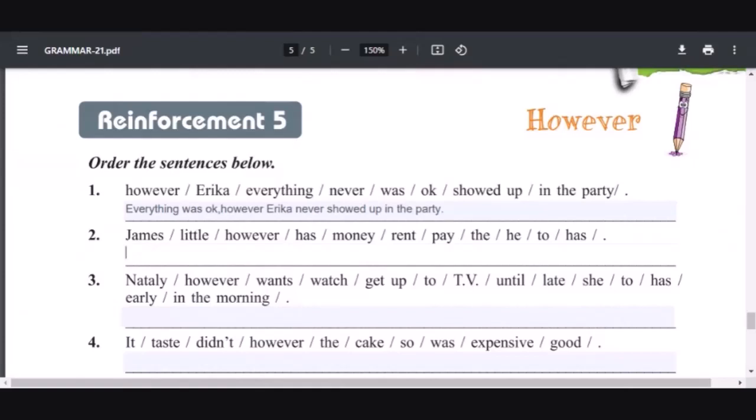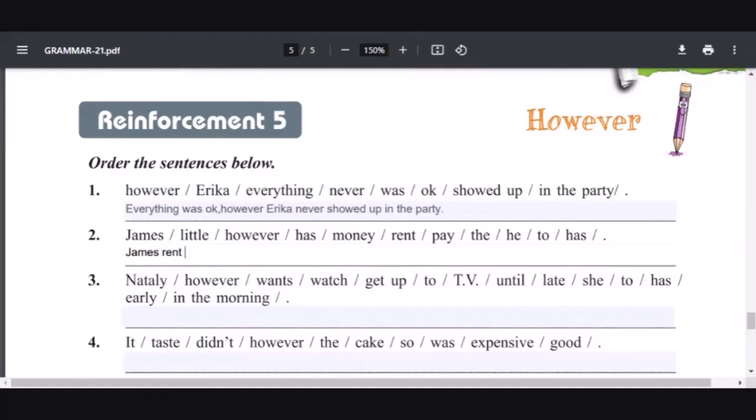James, little, however, has. Oh, James went. Oh, excuse me. Let me see. James, in that case, rent, right? Rent.